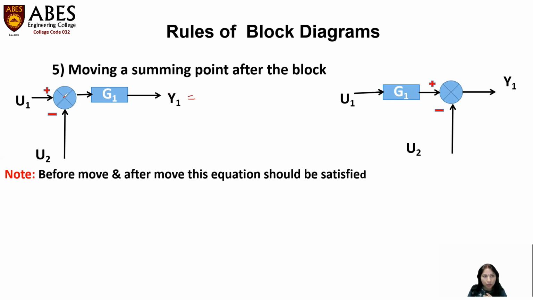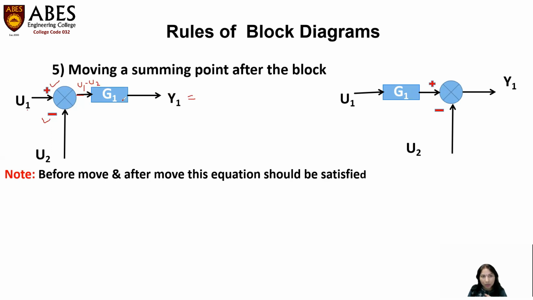At this summation point I am getting u1, which has positive polarity, and u2, which has negative polarity. So two input signals are coming at this summation point. If I take the algebraic sum, I get u1 minus u2. So this signal is producing the u1 minus u2 value, right?